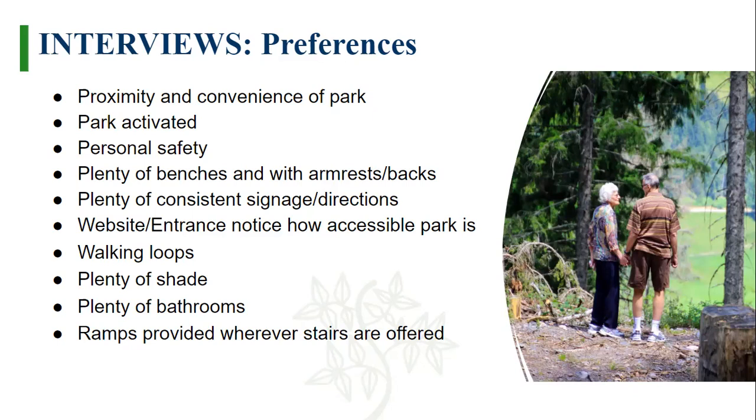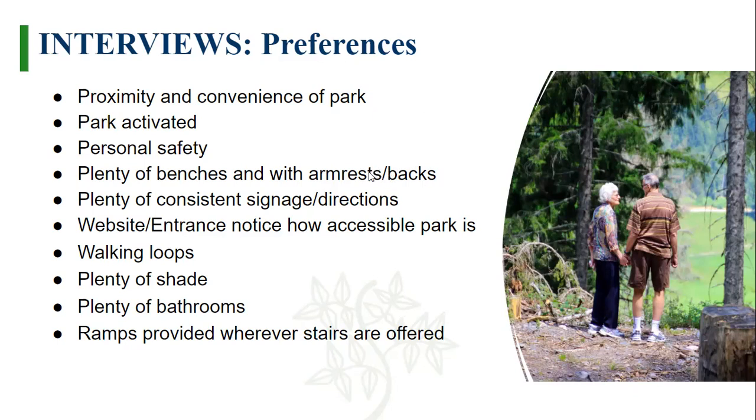We also did some interviews with people younger than 65 and people older than 65, and it was interesting that they had similar priorities. One of them was signage: that it provided clear direction, that it was consistent throughout a park, and that there was plenty of it and it was readable.